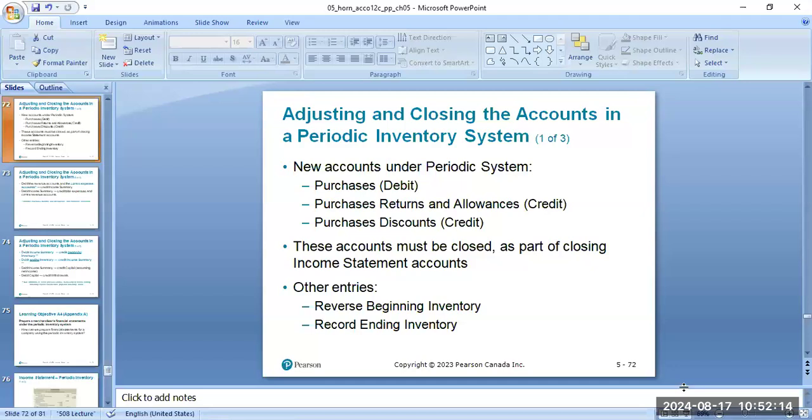The other thing that is tricky here is after we close those accounts, revenue and expenses, the debit and credit accounts, which are temporary accounts, we have to close those ones. At the end, we have to close the beginning inventory and open the ending inventory, which will be given to us.